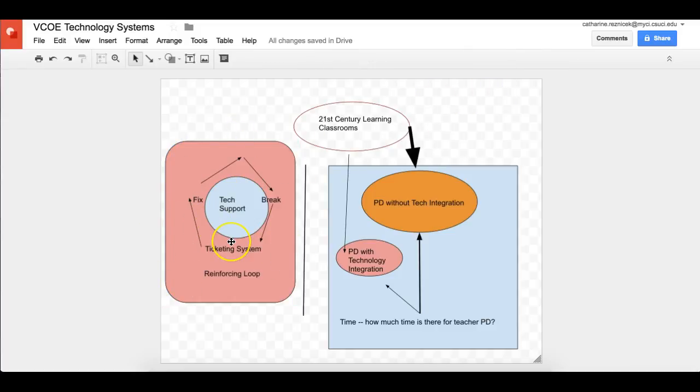This piece right here, I think, drives this. It limits our 21st century learning skills and aspirations.